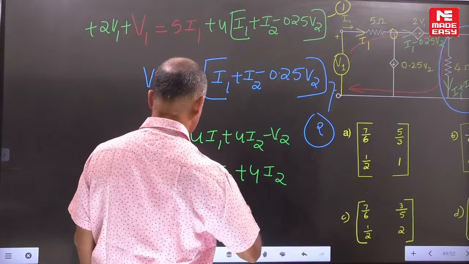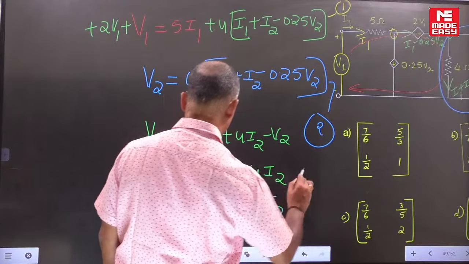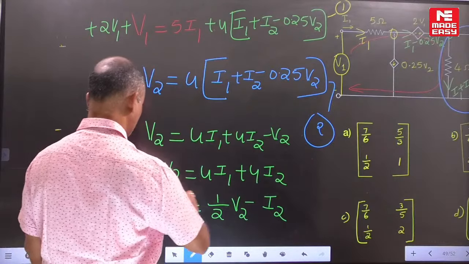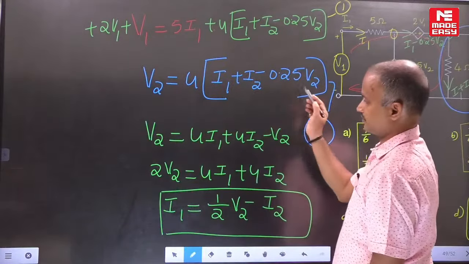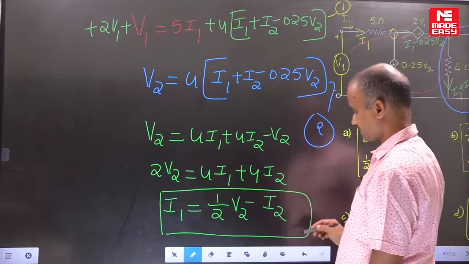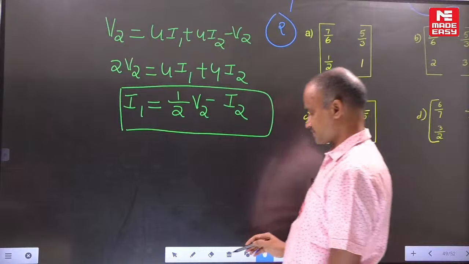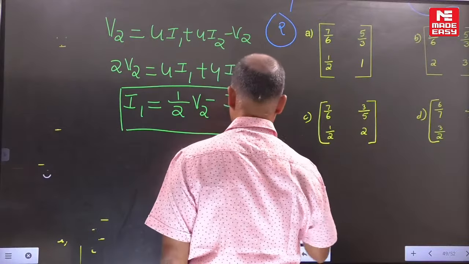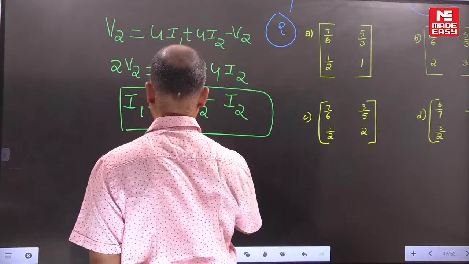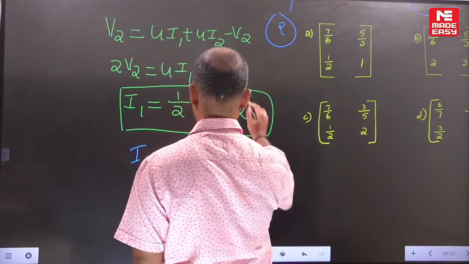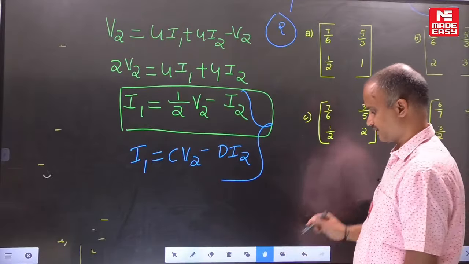From equation 2, by expanding, separate it like this. Now compare it to the standard equation, I1 equals CV2 minus DI2. Now two answers are completed, C and D.